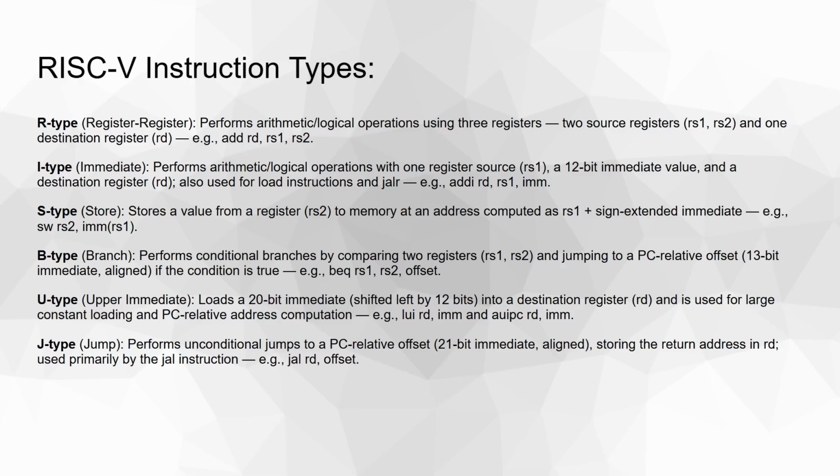Your immediate operations are similar, but it just uses one source register and a 12-bit immediate value, as well as it outputs it to a destination. So effectively, you can add one register plus whatever magic value you need, like a 2, 4, whatever.